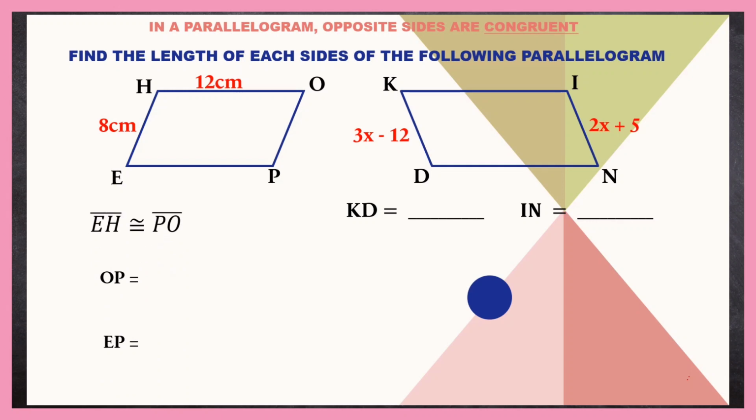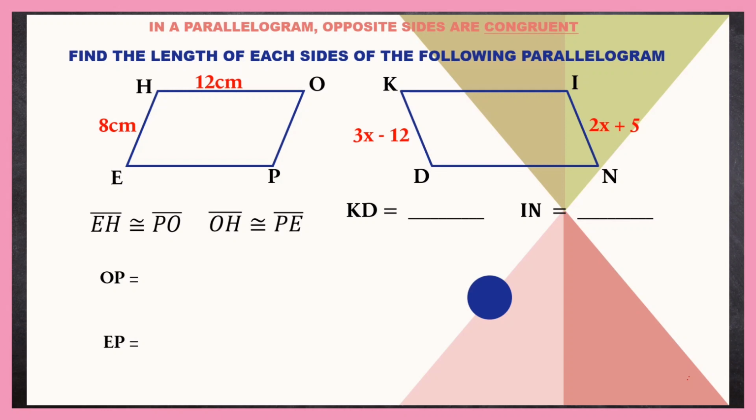But do not forget that line segment EH is congruent to line segment PO, and line segment OH is congruent to line segment PE. And as I have mentioned earlier, in a parallelogram, opposite sides are congruent. It simply means that they are equal in measurement.